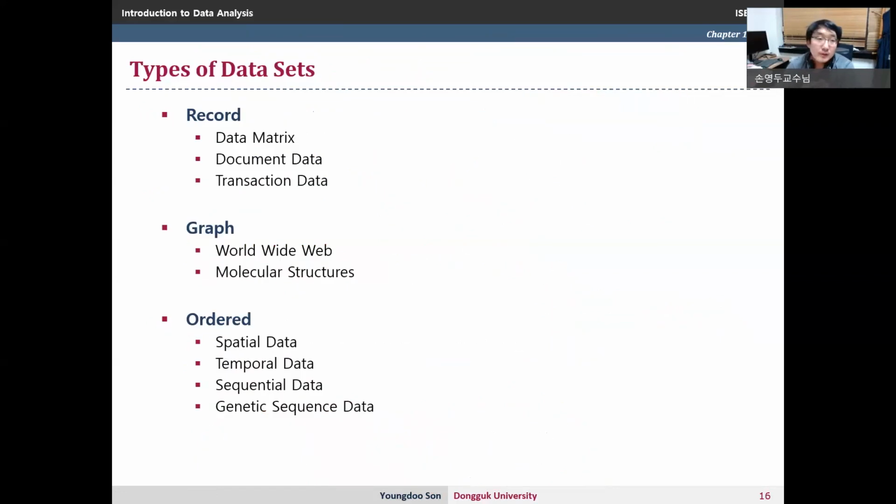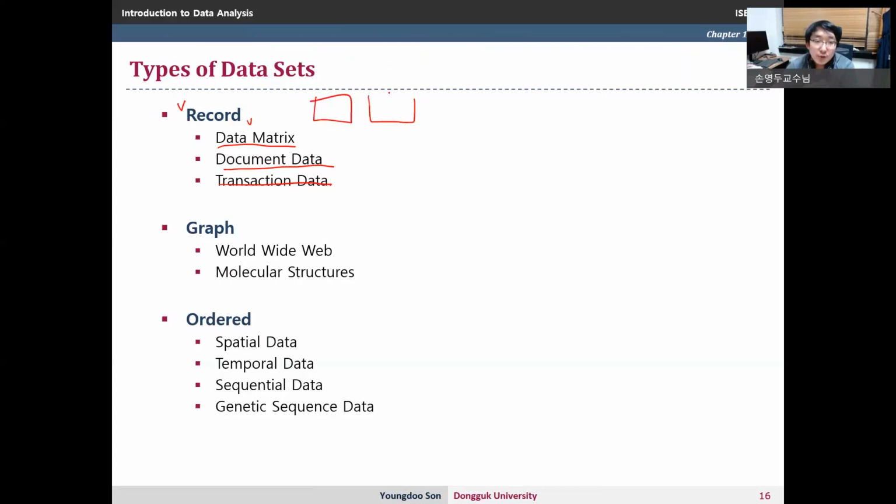And there are several types of data sets, of course. The most typical one is the record data set. The record data set is a data set in the form of a matrix. So a data matrix, or document data with word presence, or transaction data can be recorded.